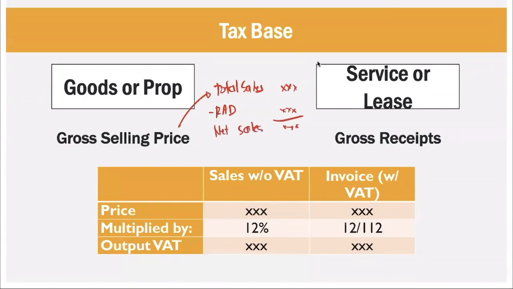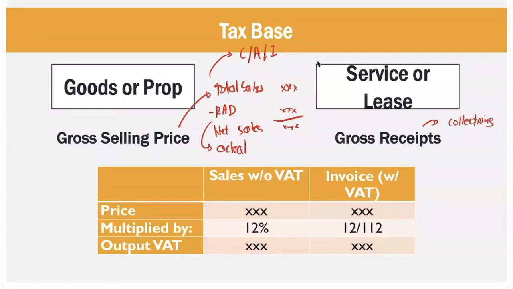When we talk about your sales, this is either a cash sale, account sale, or installment sale. And for returns, allowances, and discounts, still remember, this must be an actual return, allowance, or discount. Now, for your sale of service or lease, we have your gross receipts. When we talk about your receipts, we look into your collections.